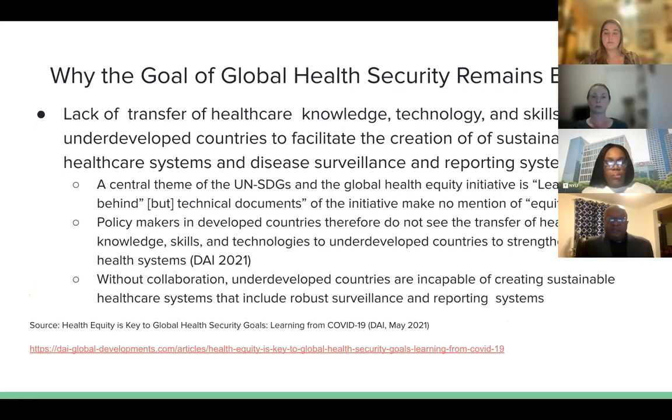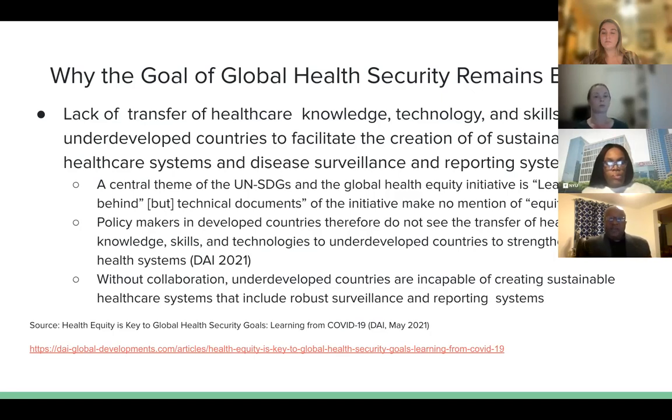Another thing that makes the goal of global health security elusive is that we are not transferring skills and knowledge across the world. For example, we have the CDC here. We have structures, infrastructures here in the United States and other developed countries that basically track disease, track vaccination rates, track access to vaccination, track access to care.